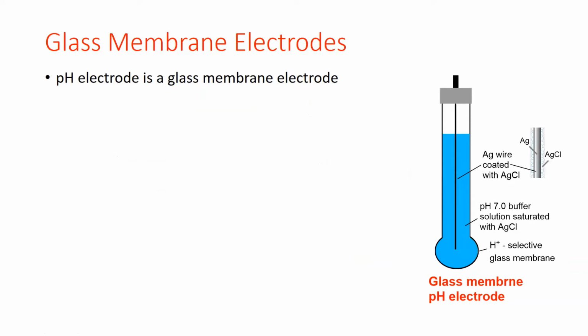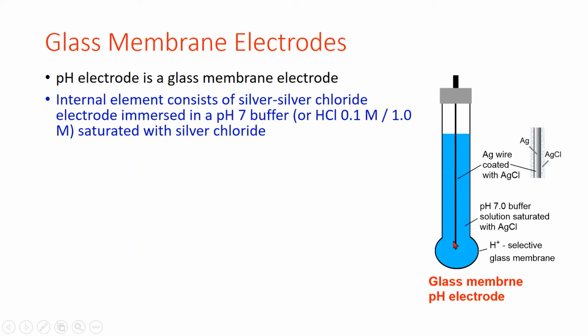This is a glass membrane pH electrode. The internal element consists of silver in contact with silver chloride, which is immersed in a solution of pH 7 buffer, or it can be 0.1 molar or 1 molar HCl, and this solution is saturated with silver chloride.